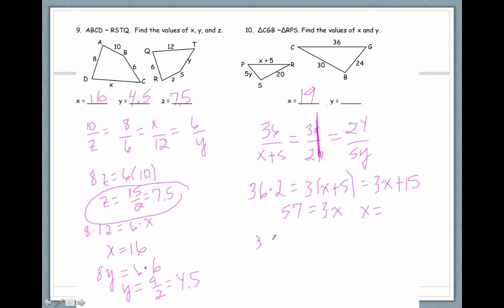Three times 5y equals 2 times 24. So 15y equals 48. Dividing by 15, this is 16/5. So 3.2.